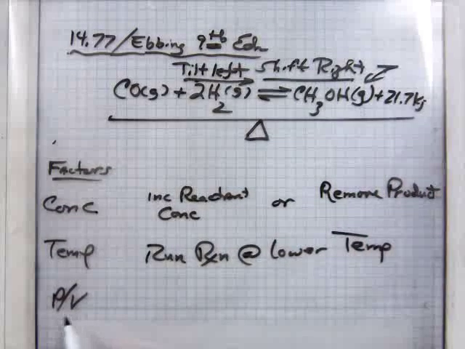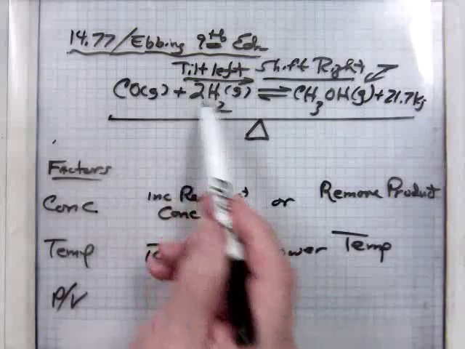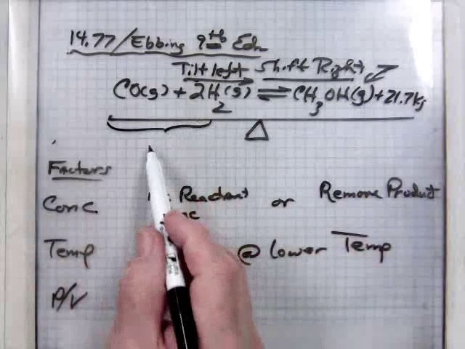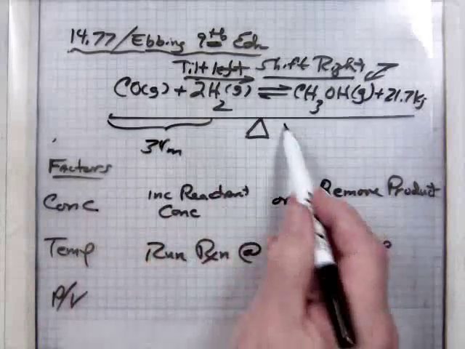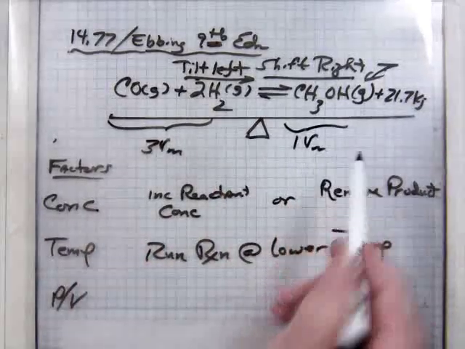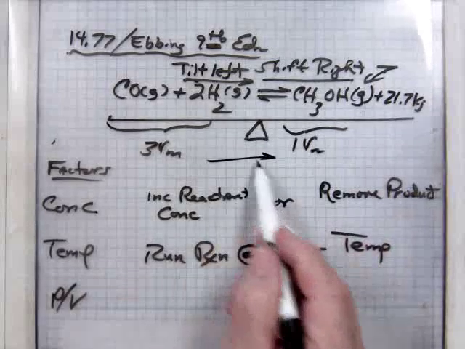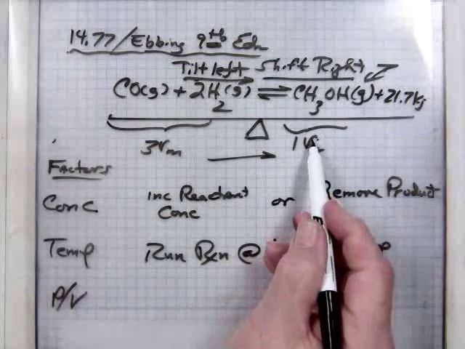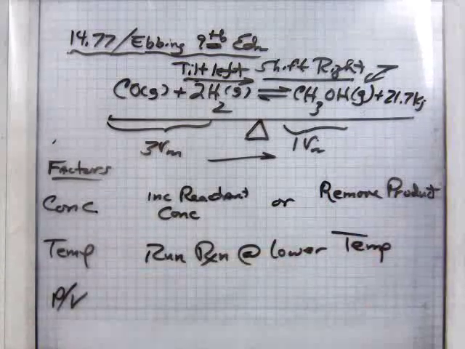And in the pressure volume, when you look at the coefficient numbers, we have on the reactant side 3 molar volumes and 1 molar volume over here, and we want to shift right. So what is the rule that says to shift right to the low side? Would I increase or decrease pressure?